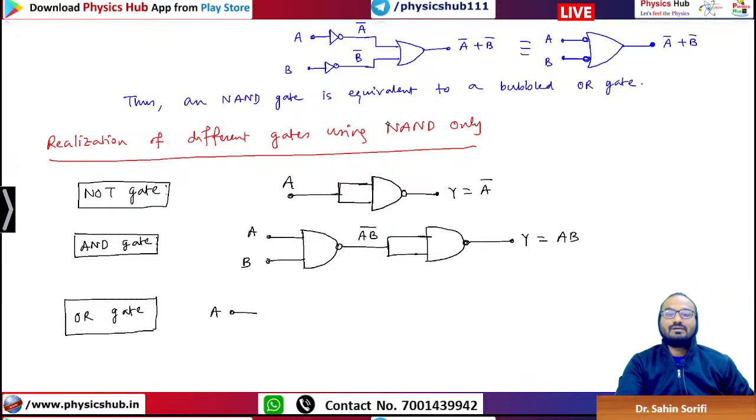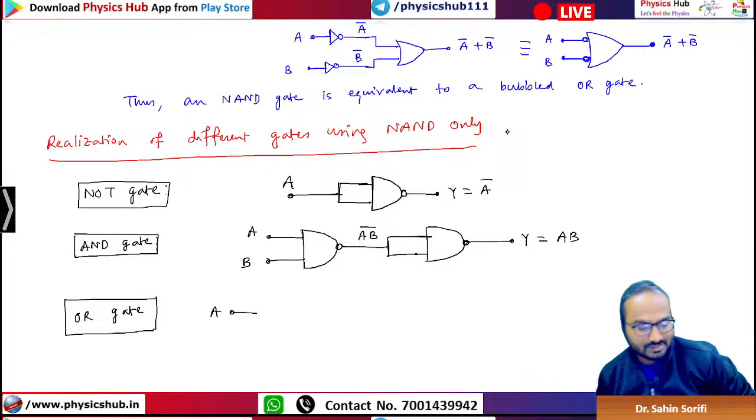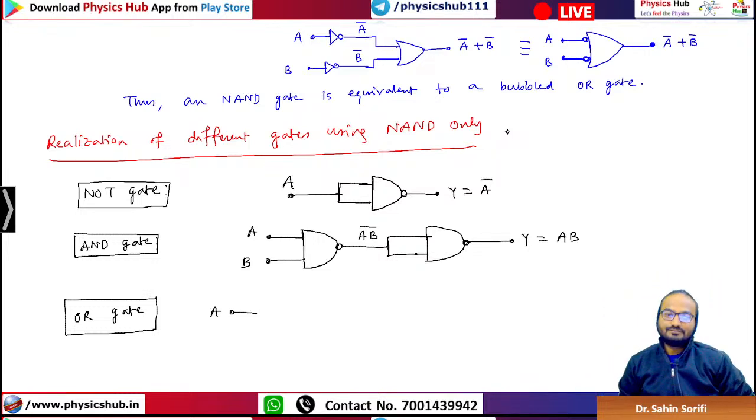But what does it say? Using NAND only. So we are not allowed to use any other gate, only NAND gate. That is a challenge, right? You cannot use other gates.